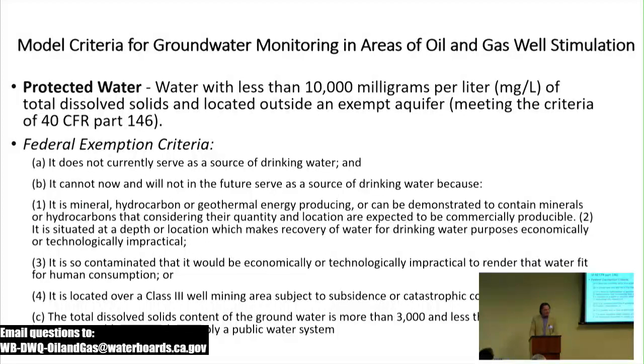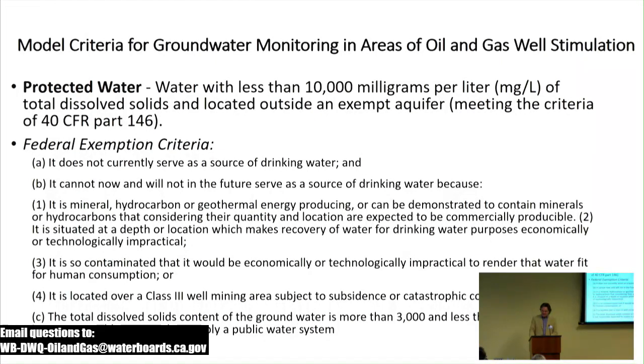If you Google protected water, one of the first things that come up is the Coast Guard definition of marinas and areas with man-made protections against swells and tides. Protected itself has a lot of nuances. So, definitions are really important. In the groundwater monitoring for well stimulation world, protected water means water that has less than 10,000 parts per million total dissolved solids.